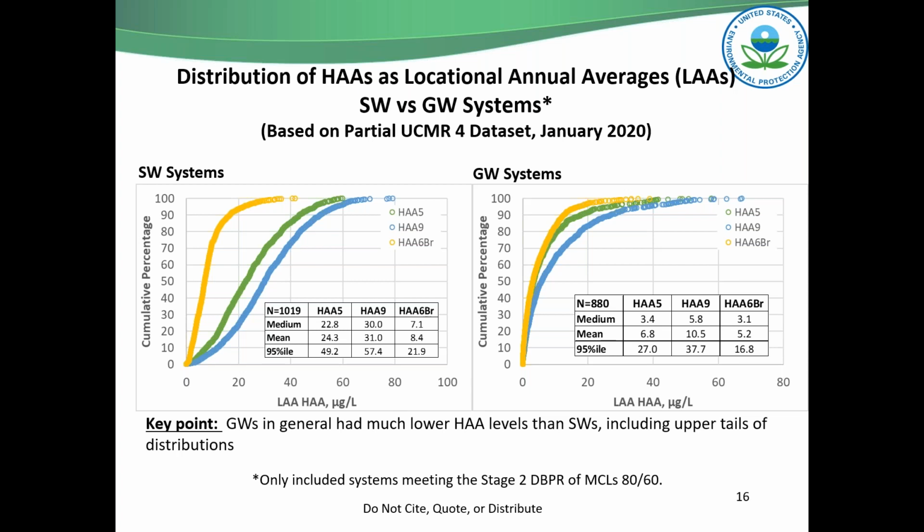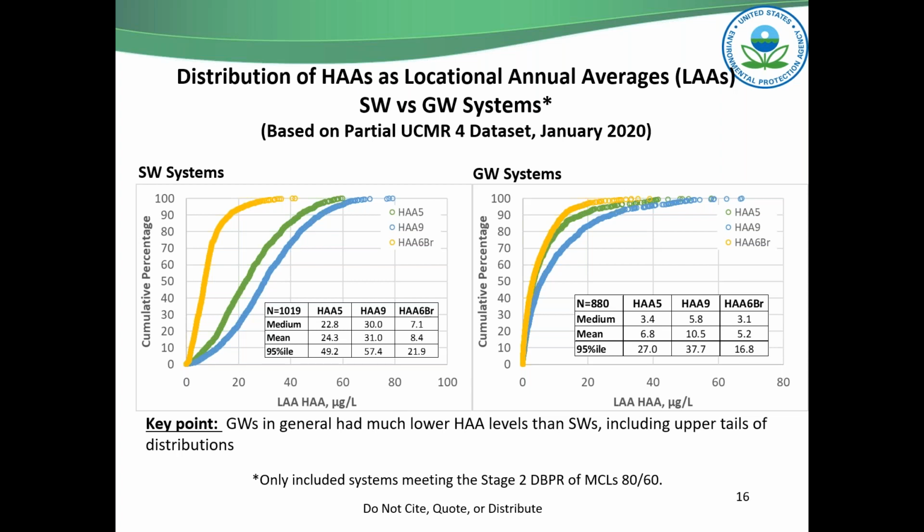Now, there are some exceptions among the large groundwater systems, which have higher levels comparable in many situations to surface water supplies, but the relative distribution of these categories of systems is significantly lower for groundwater systems than surface water supplies.